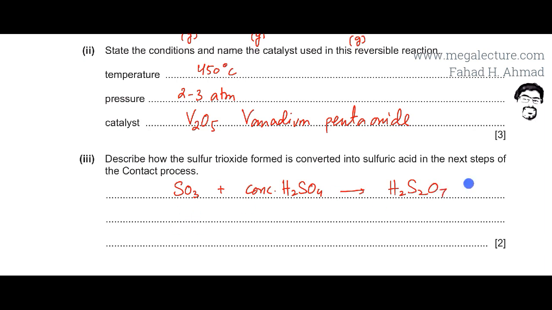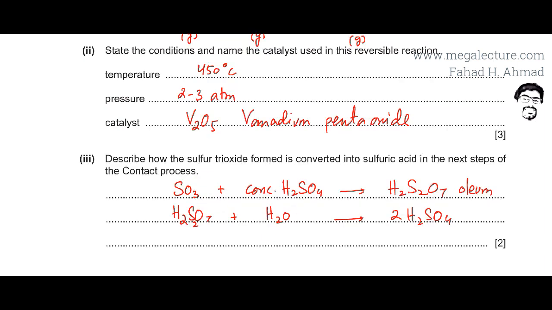This oleum is then diluted: water is added, and you get 2 molecules of H2SO4. So this is how SO3 is converted into sulfuric acid.